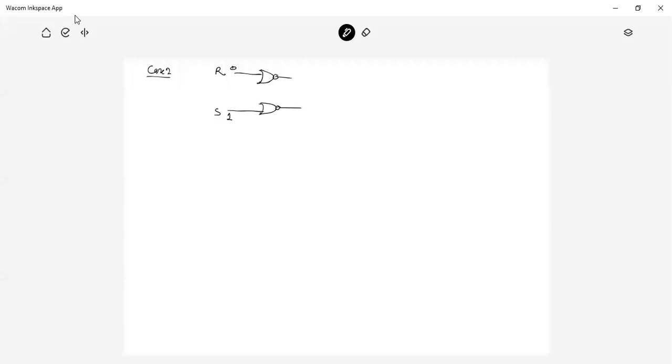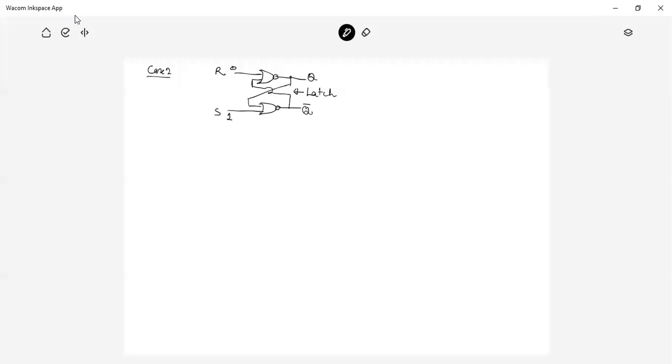If S is 1, that is the new state. Whatever the connection is, you see the connection is something like this. This connection is basically known as a latch. A latch is something like a कुंडा, which is used for closing a door. So this is Q and here it is Q bar.